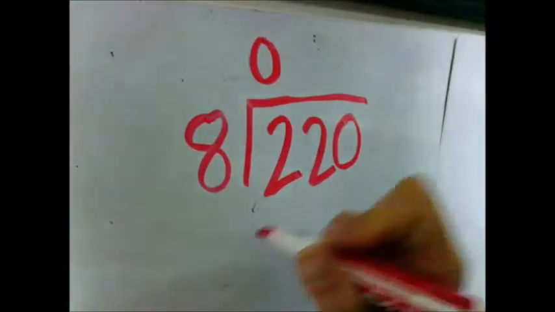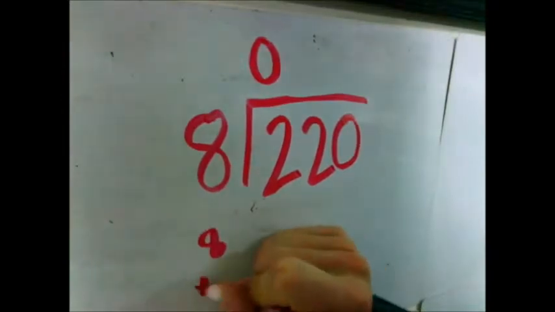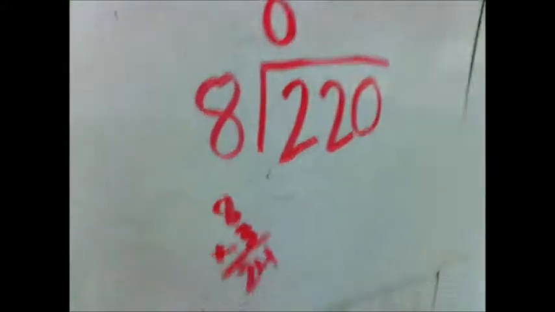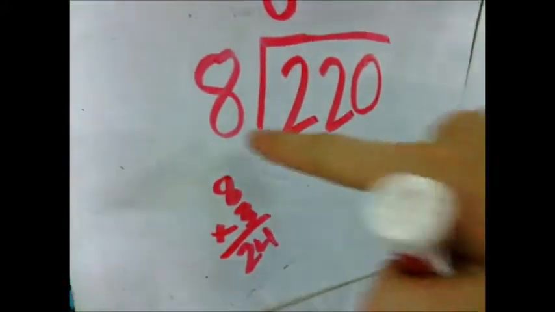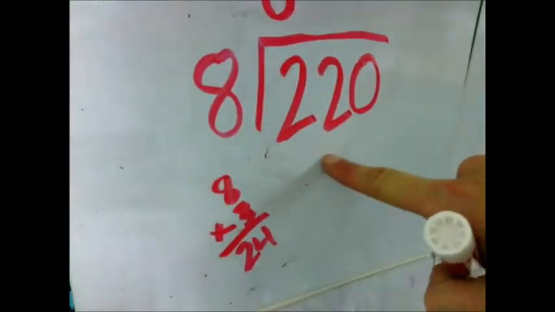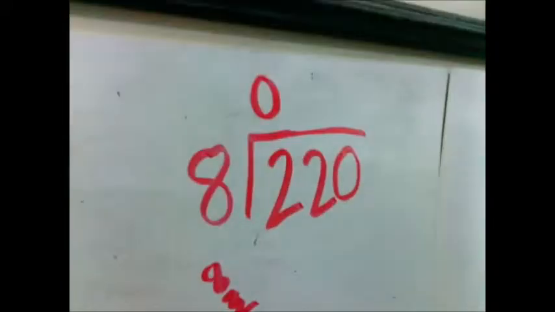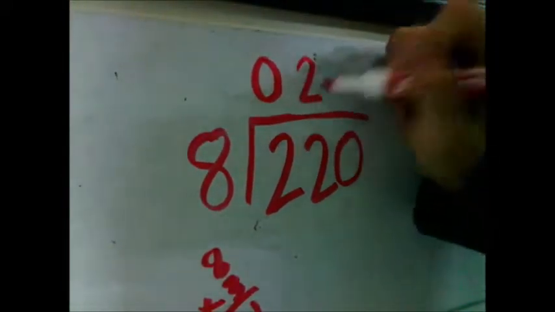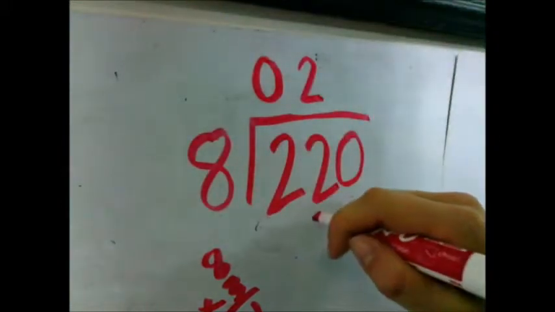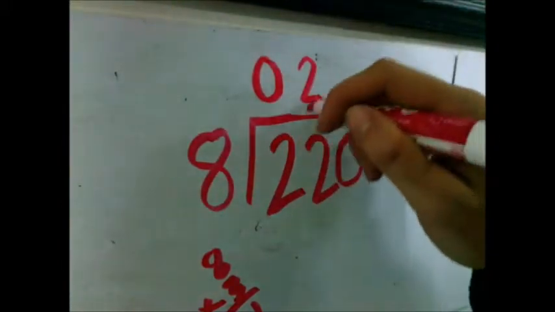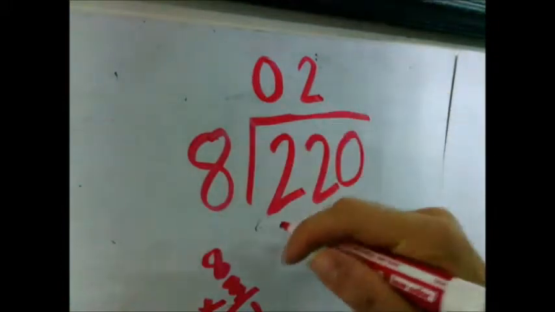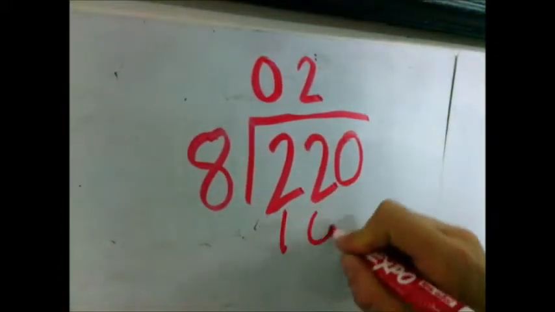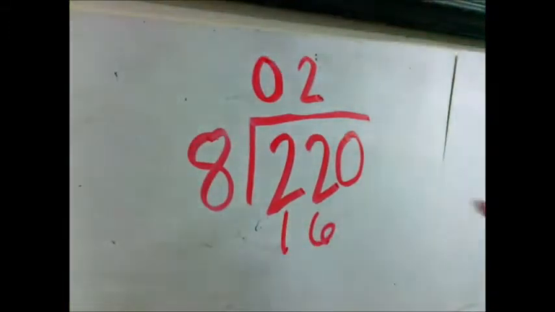But 8 times 3, I might do over here if I don't know these. 8 times 3 is 24, and 24 is too large. 8 will not fit into 22 3 times, so 8 will only fit in 2 times. So I'm going to put my 2 above this 2, because I was doing 22, so I put my 2 above that last digit that I was asking about. And 8 times 2 is 16, so I'm going to write 16 down here.